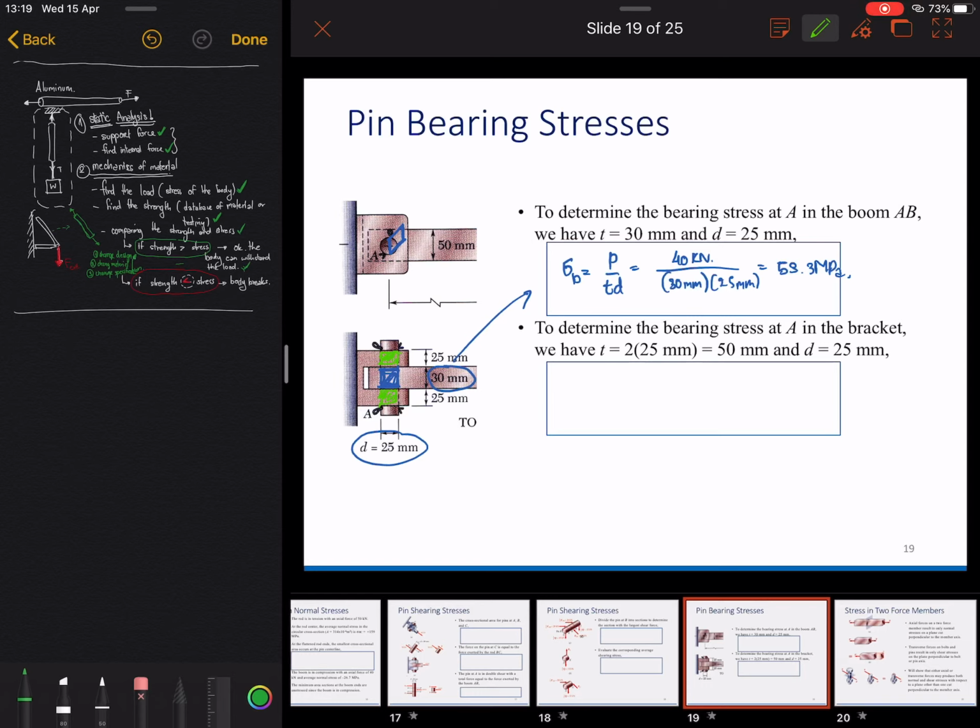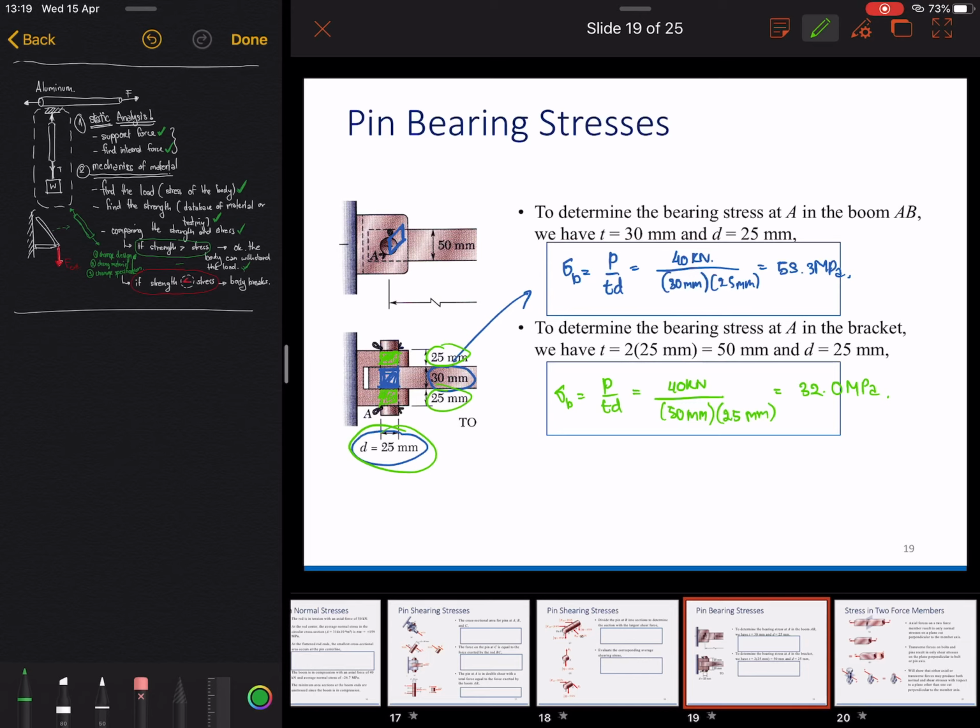So this is the bearing surface of those areas, bearing stress equal to P over T D again, and we have 40 kilonewtons, but here we have 50 millimeters because we have 25 here as a thickness, as a width, and then we have 25 also again from these diameters, and in the end we got 22.0 megapascal, right?